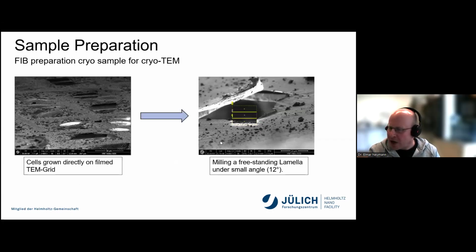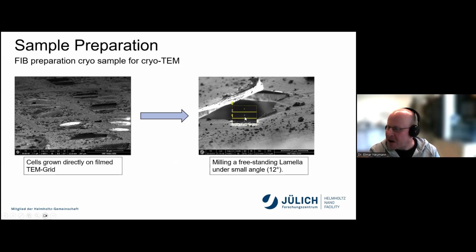For cryo-TEM, things are a bit different. These investigators let their cells grow directly on filmed TEM grids. And then with, for example, fluorescent microscopy, they identify their cells or their sites of interest.